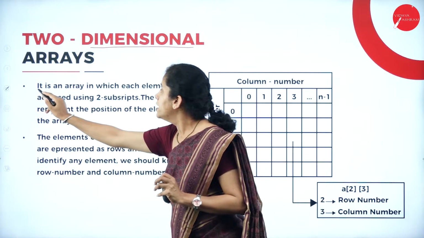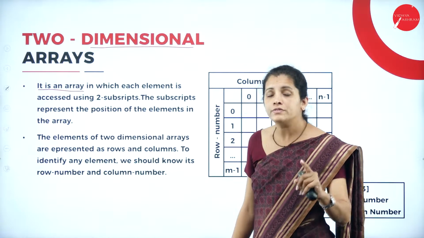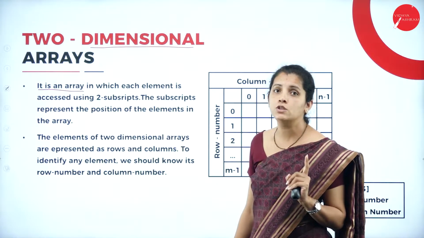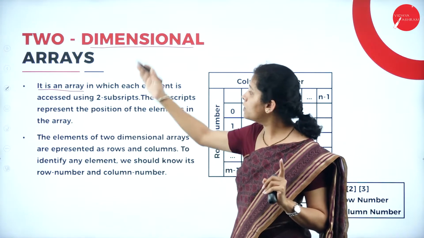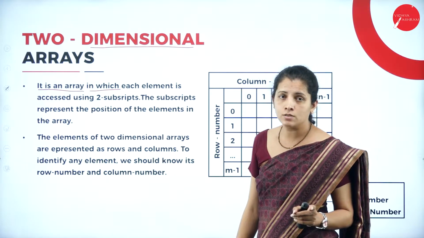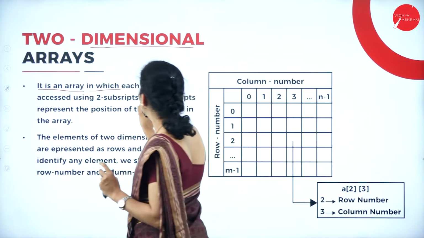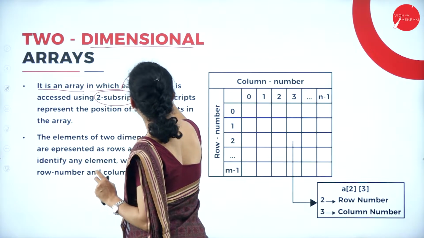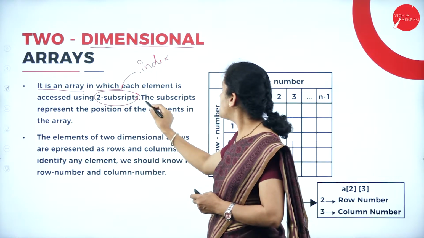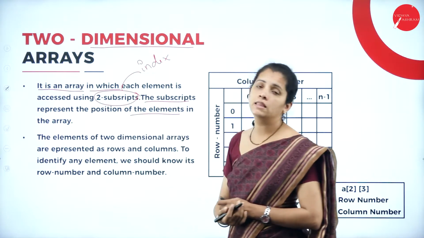Now it is an array. What does it mean to be an array? It's nothing but a collection of similar data grouped under the same name. So it is also an array in which each element is accessed by using two subscripts or two indices. The subscripts represent the position of the element in the array.